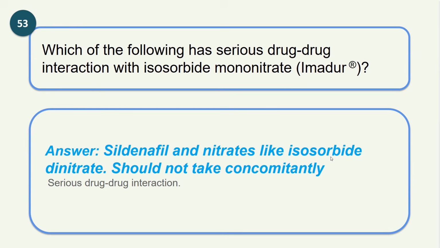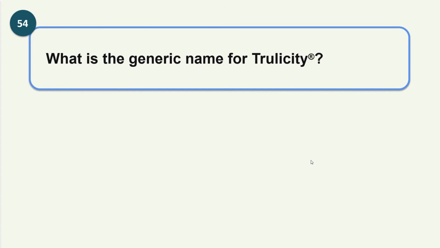So sildenafil and nitrates such as isosorbide dinitrate, nitroglycerin should not be used together because they can suddenly drop the blood pressure and cause low blood pressure. Therefore, the drug interaction between these two drugs is very serious and they are not combined.